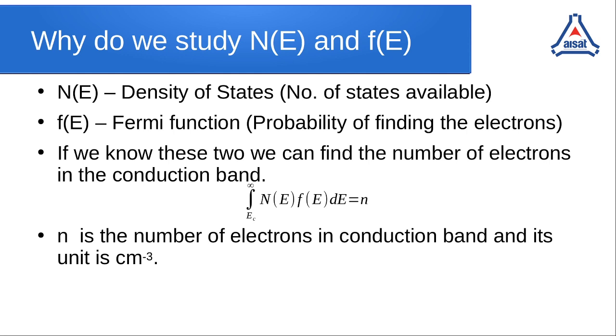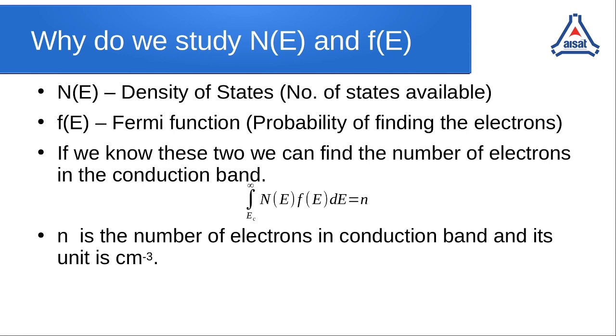If you multiply the probability, you will get the number of electrons in that state. Likewise, we find the number of electrons in different states and we just sum to find the number of electrons in the entire conduction band.